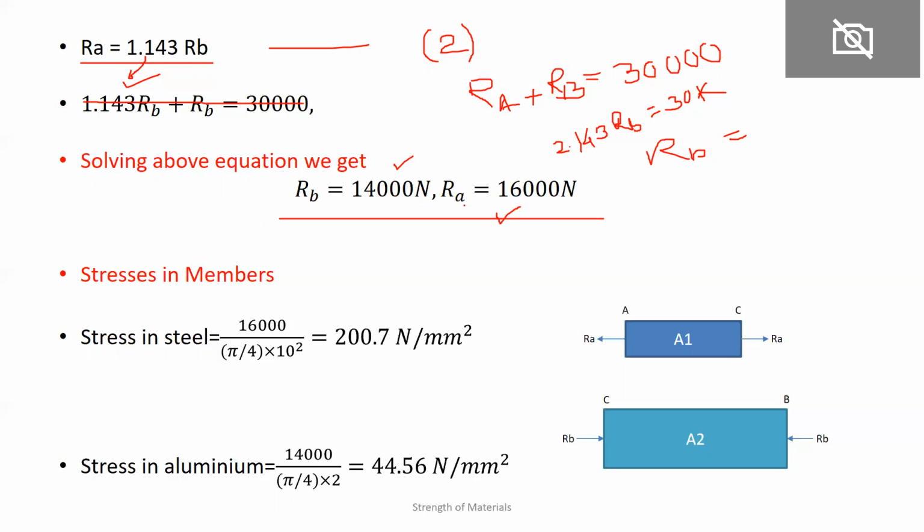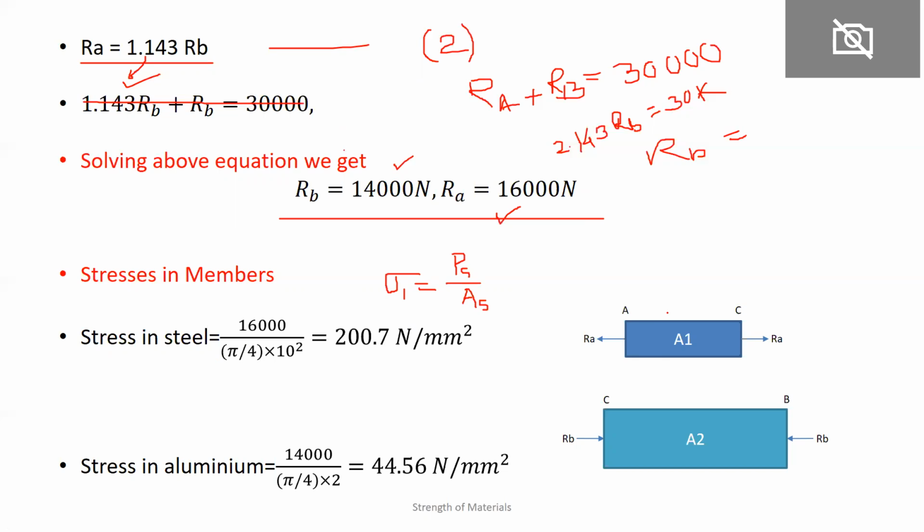Once you know R_A and R_B, the second task is to determine the stresses in the members. The stress can be computed using the simple equation: sigma 1 is equal to force upon area. First, the force acting on the steel member over the cross-sectional area of steel.